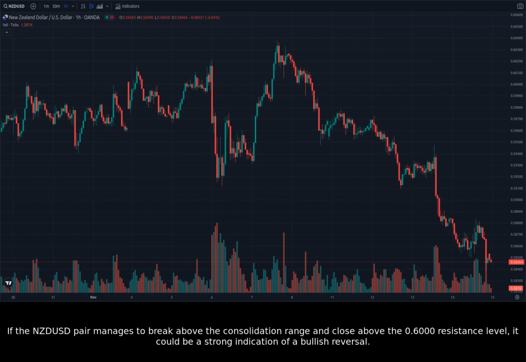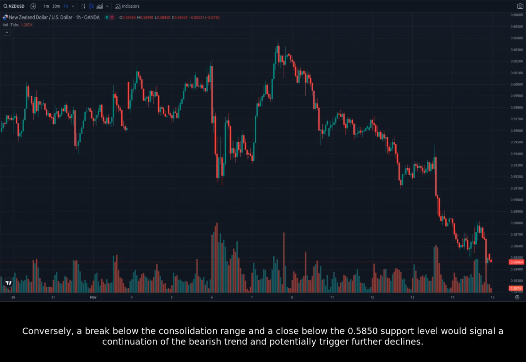If the NZDUSD pair manages to break above the consolidation range and close above the 0.6000 resistance level, it could be a strong indication of a bullish reversal. Conversely, a break below the consolidation range and a close below the 0.5850 support level would signal a continuation of the bearish trend and potentially trigger further declines.